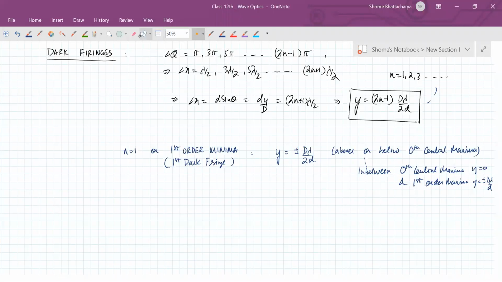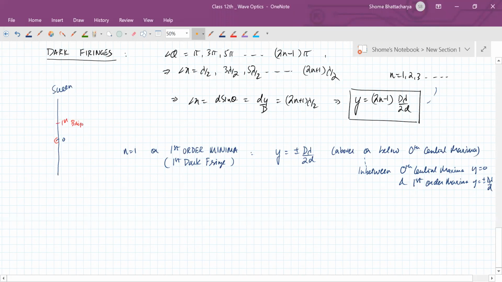So basically on the screen, this is your symmetry point O, then your central maxima is located here, and your first bright fringe is located depending on whether you're going above or below. It is located like this. So this distance is d lambda by d. This distance is d lambda by d. Now your first minimas are located here and here.